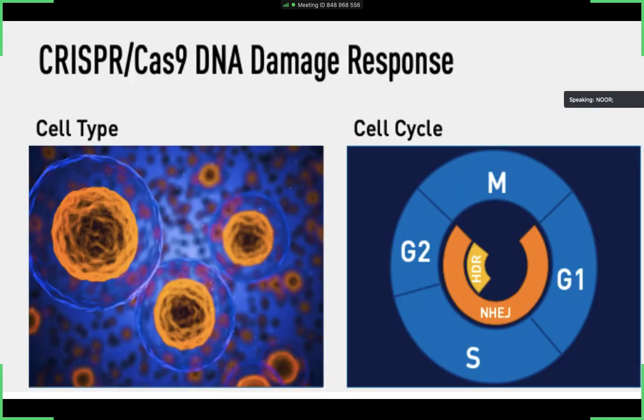At which stage of the cell division is the CRISPR-Cas9 system more effective? It is also important which cell type you are using, and which stage of the cell cycle is more effective.